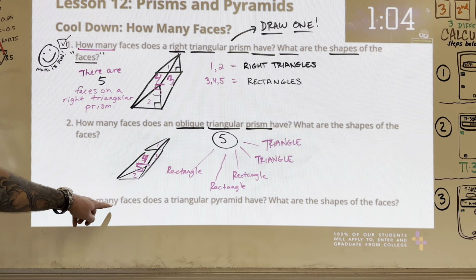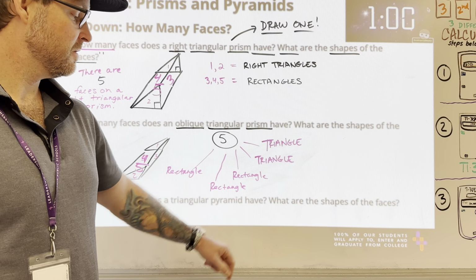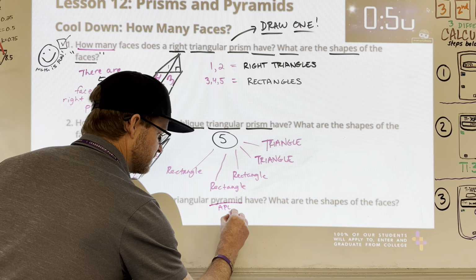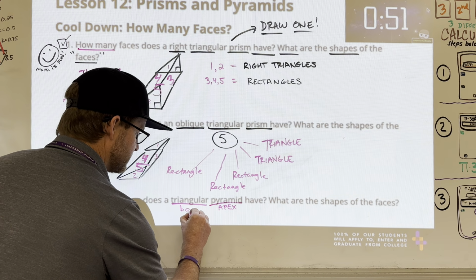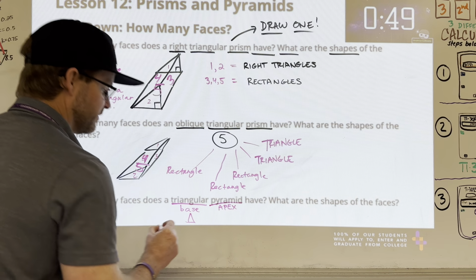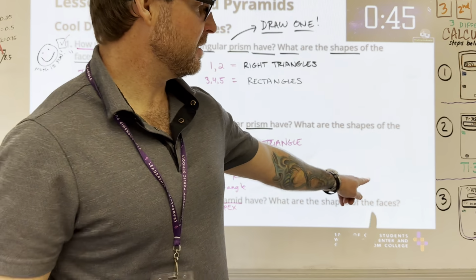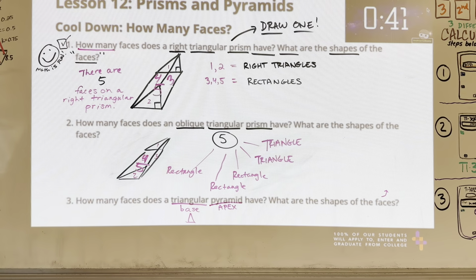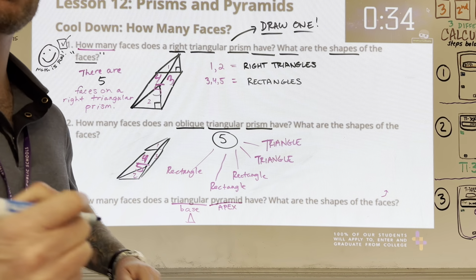Okay, how many faces does a triangular pyramid have? So it's a pyramid, which means there's an apex, and it's a triangular pyramid, so the base is a triangle. I'm going to work up here for this one, using a different color so we don't confuse it with this. Color code your work, trust me.